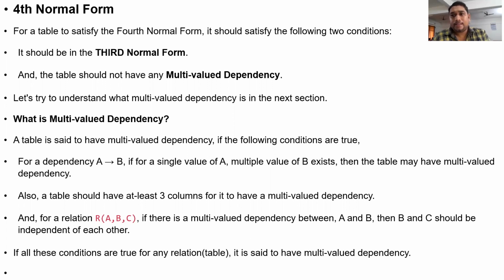So in fourth normal form, multi-value dependencies have to be removed. Already we said that in first normal form we have duplication of data. If the table is not in multi-value data and belongs to second normal form, third normal form and BCNF, then only we move to fourth normal form.